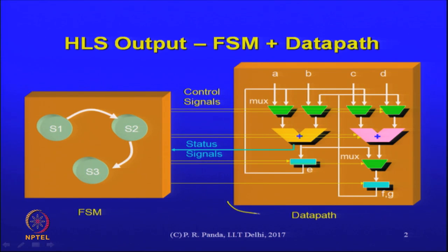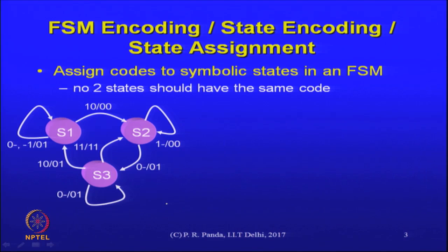This part of it is closer to a netlist, whereas this part is still symbolic as of now, okay, nowhere close to a netlist. So, we need to do something about it. That is what this FSM encoding is about.